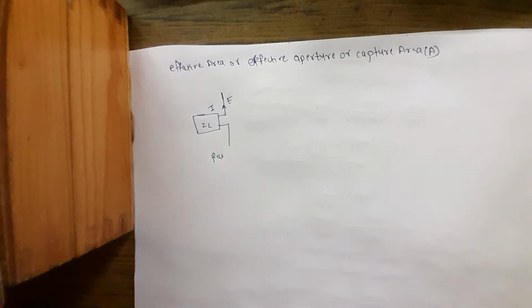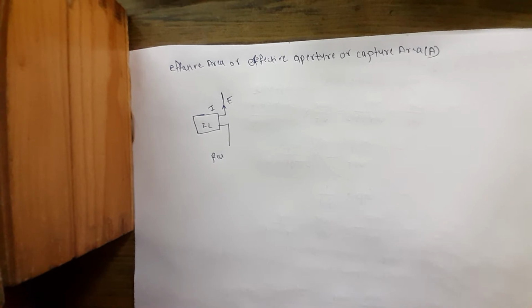The concept of effective area or effective aperture is best understood by considering an antenna to have an effective area or effective aperture over which it extracts electromagnetic energy from traveling electromagnetic waves.